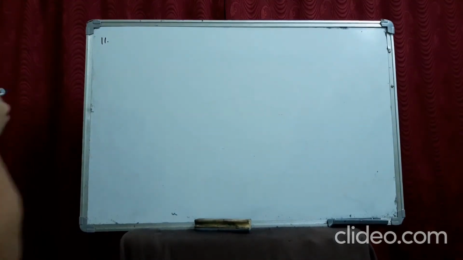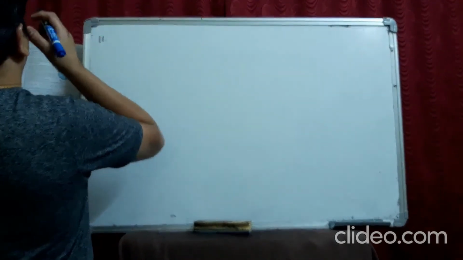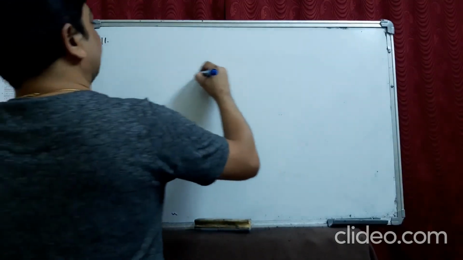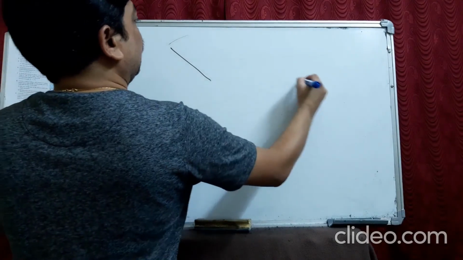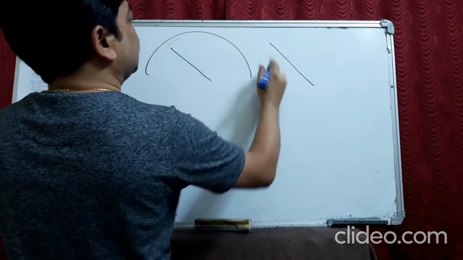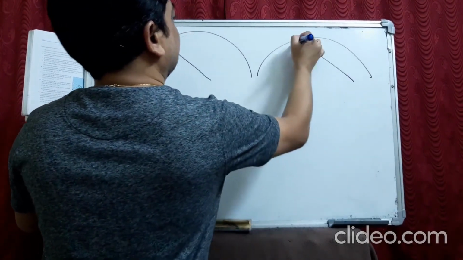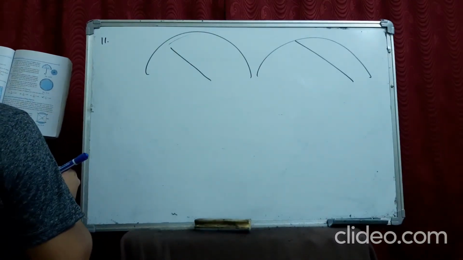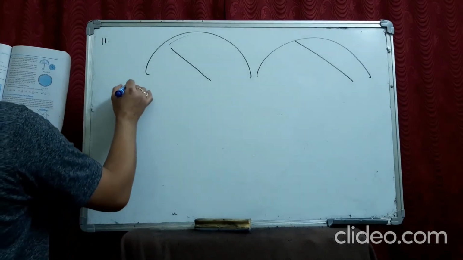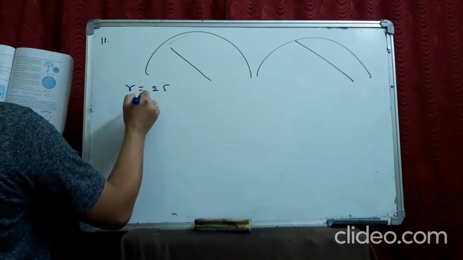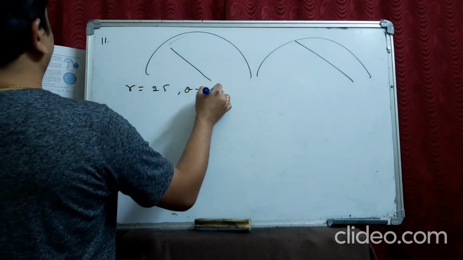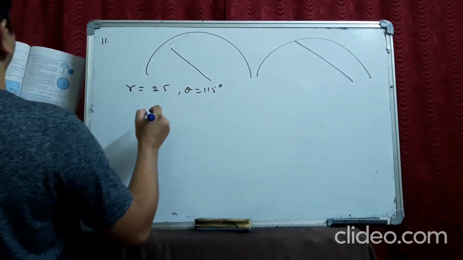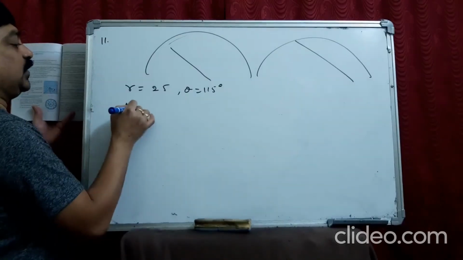Now look at the 11th question, all of you. A car has two wipers which do not overlap. Definitely car wipers will not overlap. They'll make like this. Car wipers will be like this. Each wiper has a blade of length 25 centimeter, that means radius will be 25 here, at an angle of theta is 115 degrees. Find the total area cleaned at each sweep of the blades. Area, very simple.